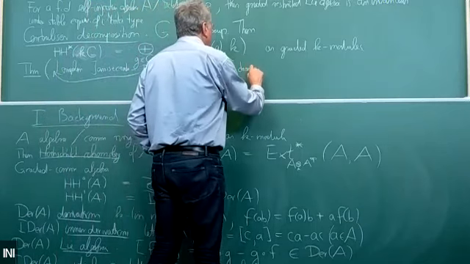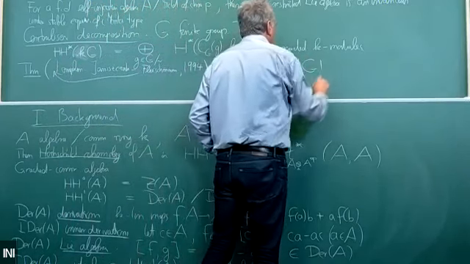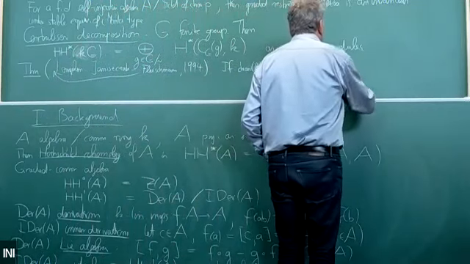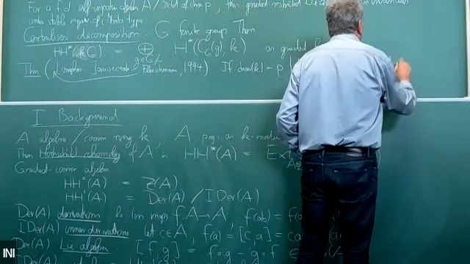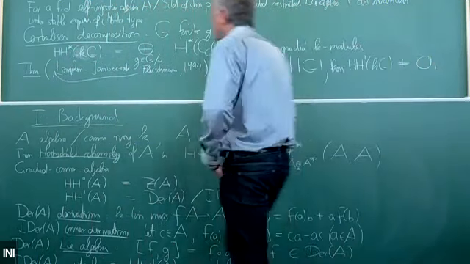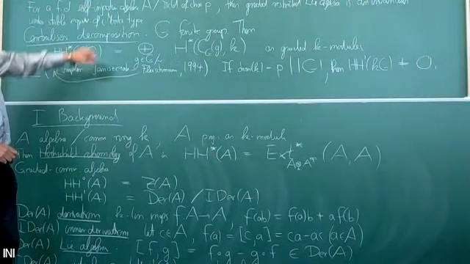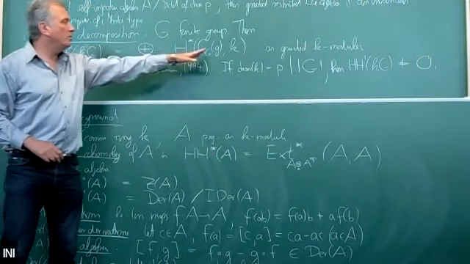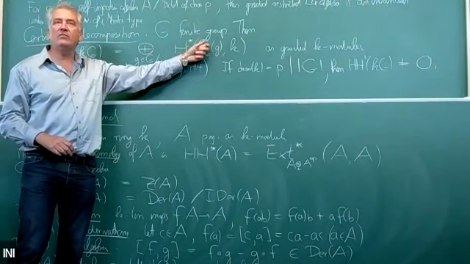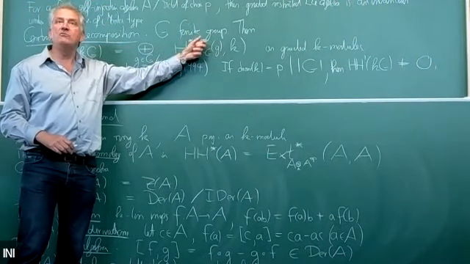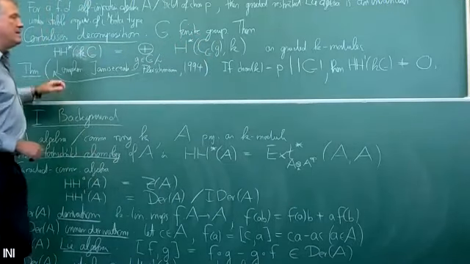that if you have a field of characteristic p, and p divides the order of the finite group G, then the first Hochschild cohomology of that algebra is non-zero. And the way this is done is it goes back to the centralizer decomposition. In the centralizer decomposition, you have to look at centralizers and basically figure out that you always can find a centralizer which has a non-trivial p-subgroup, because that's what it takes on the right side.